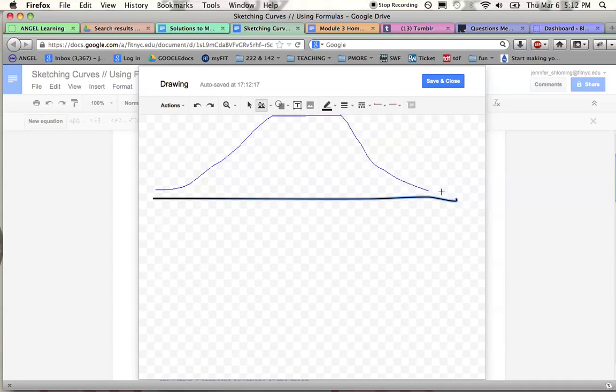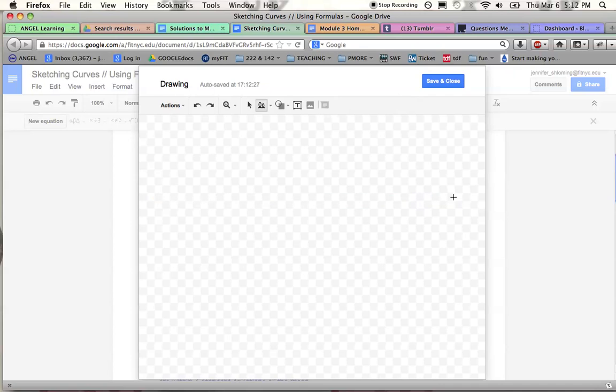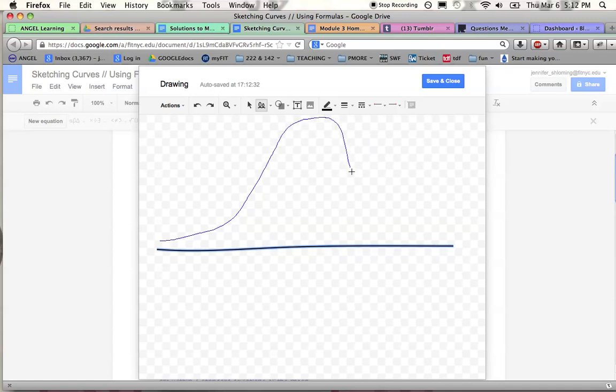Ooh, that does not look good. Let's try again. Let me make it lower so I'll have more space. Take 2. Remember that most of the data is right between -1 and 1 standard deviation. Okay, that looks pretty good.